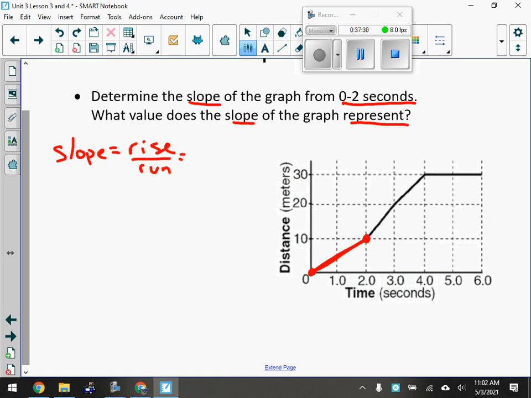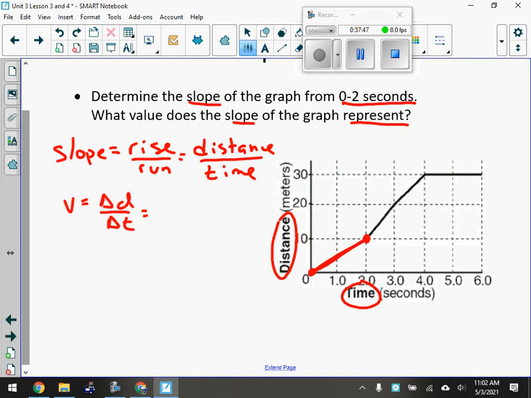In this case, we have the distance over the time. And the distance over the time, of course, we know from last day, is the speed.